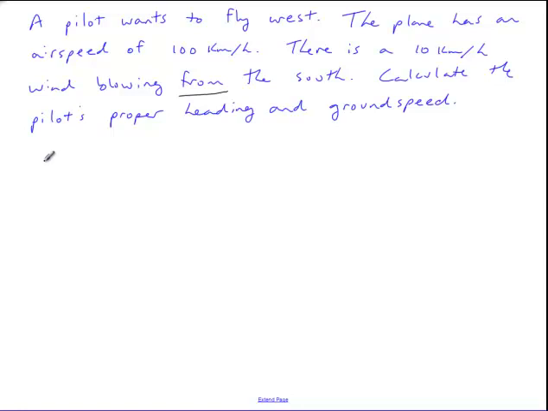First of all, we draw it. This is north. The pilot wants to fly west, so he wants to start here and end here. There's a 10 kilometer an hour wind blowing from the south.